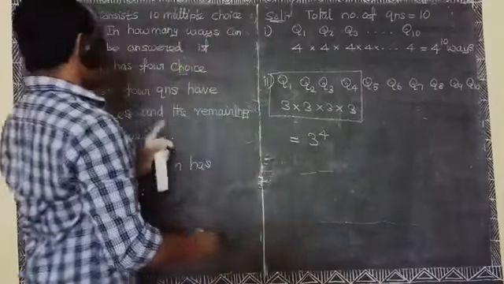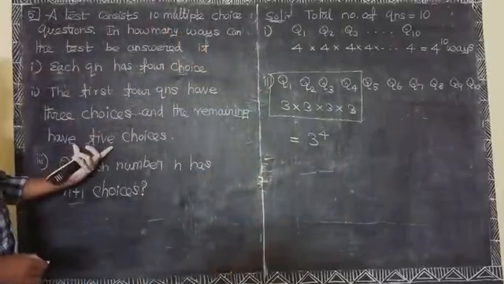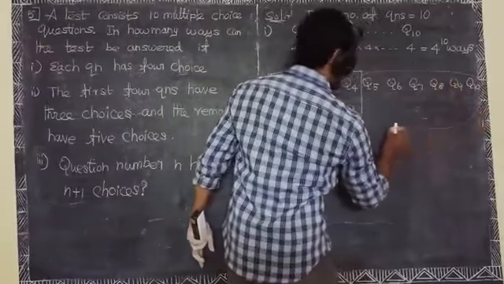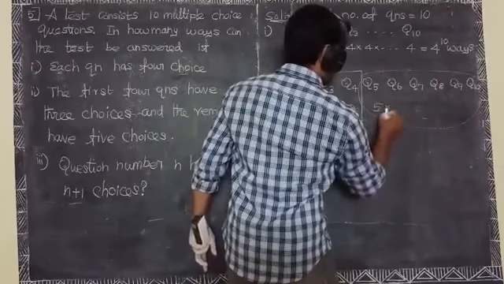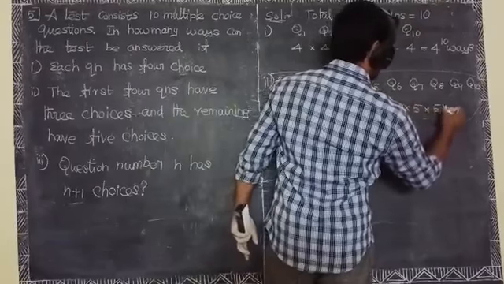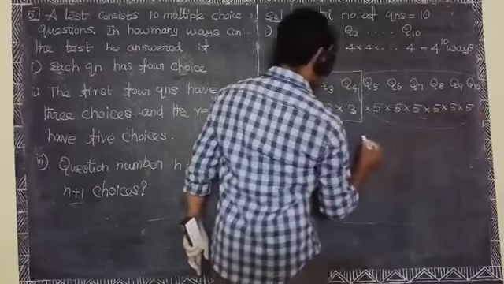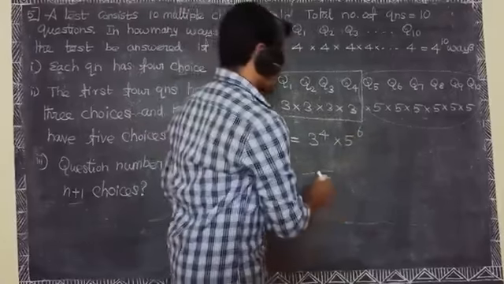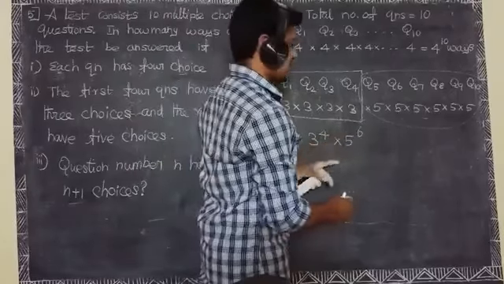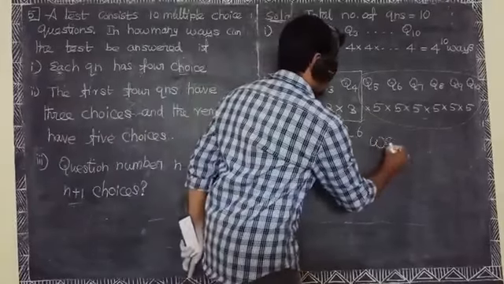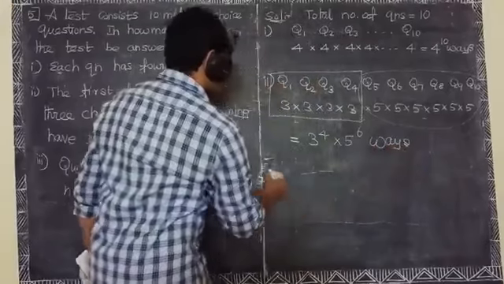The remaining questions have 5 choices, so 5 into 5 into 5 into 5 into 5 into 5, that is 5 power 6 ways. Totally 3 power 4 into 5 power 6, which is a constant, that is the total ways.